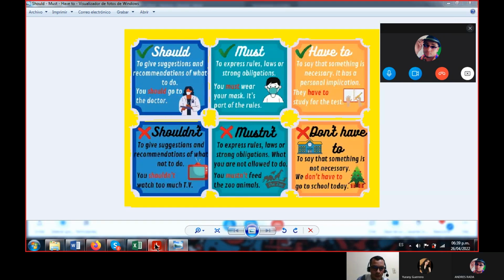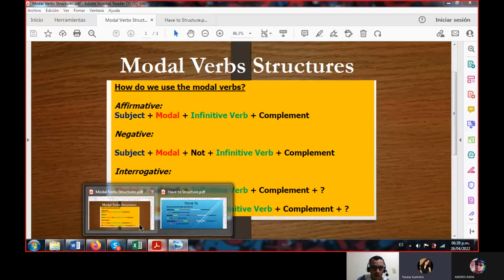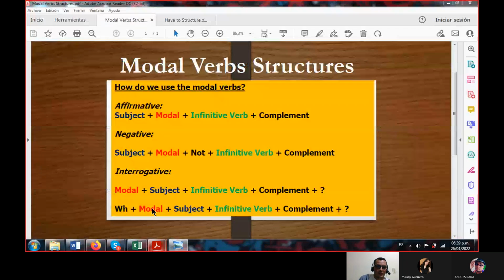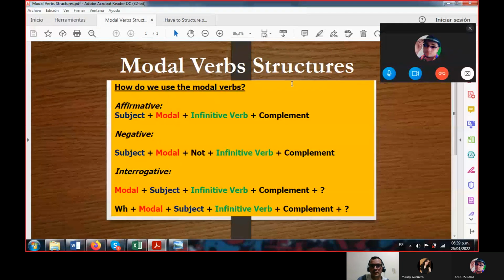En cuanto a las estructuras, esto sí es necesario tenerlas claras. Lo que decía en el video es que la mayoría o casi todos los modal verbs manejan esta estructura en affirmative, en negative, en interrogative. Okay, subject plus modal verb plus infinitive verb plus complement in affirmative.